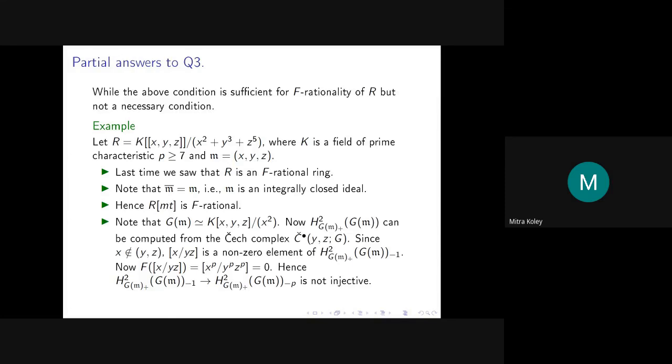Hence the action of Frobenius on local cohomology of G_m from the degree -1 piece to the degree -p piece is not injective, but the Rees algebra is F-rational and the base is also F-rational. So this shows that it's not a necessary condition. Yeah, I am done. Thank you. If anybody has any question, please.